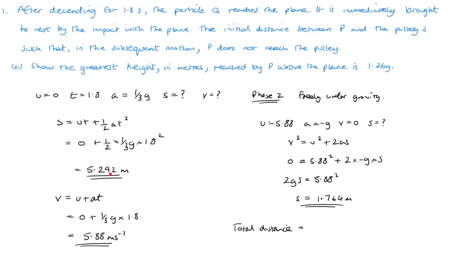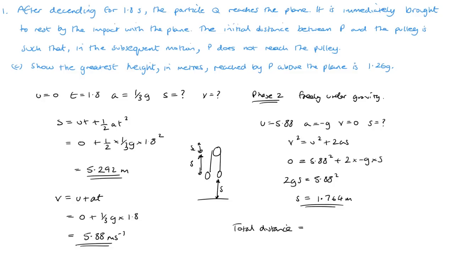So total distance is 2 of these and 1 of these. Because if you think, the 2 items started this distance s above the ground, then this travelled a further distance s above the ground, and then it did this under free movement at the top.